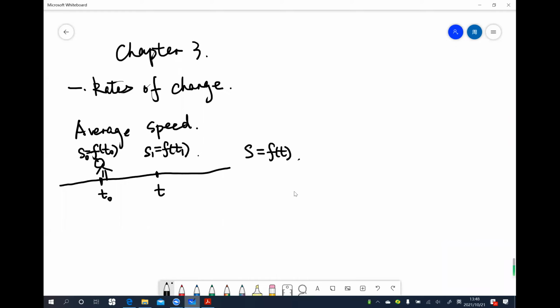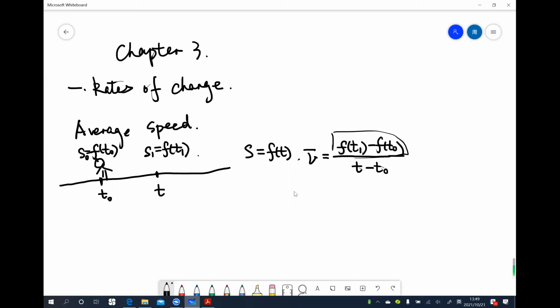So if I want to know the average speed, that equals f of t1 minus f of t0 over t minus t0, right? This is the increment of the distance.